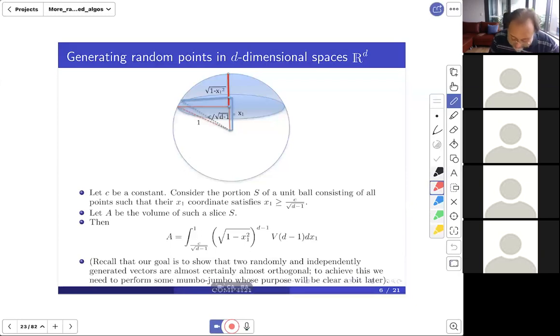In the same way, I told you something totally bizarre. I told you all the mass of my ball is around the surface. Oh, and by the way, it's also between two planes that are close to each other. This sounds completely crazy. It just sounds plain stupid.